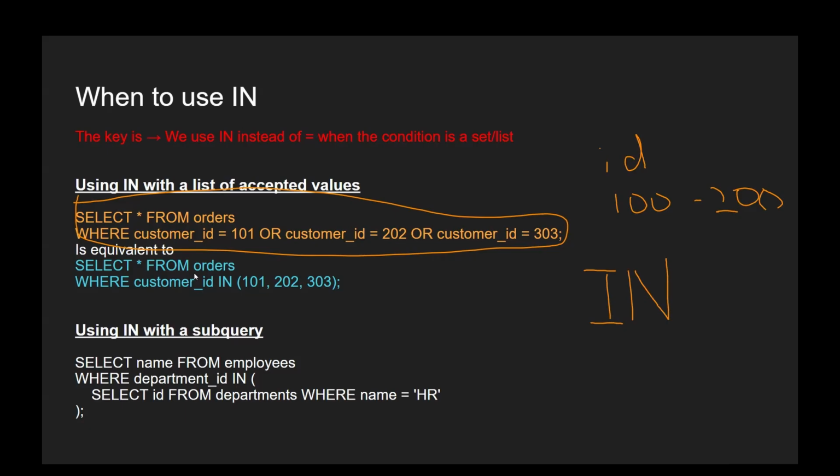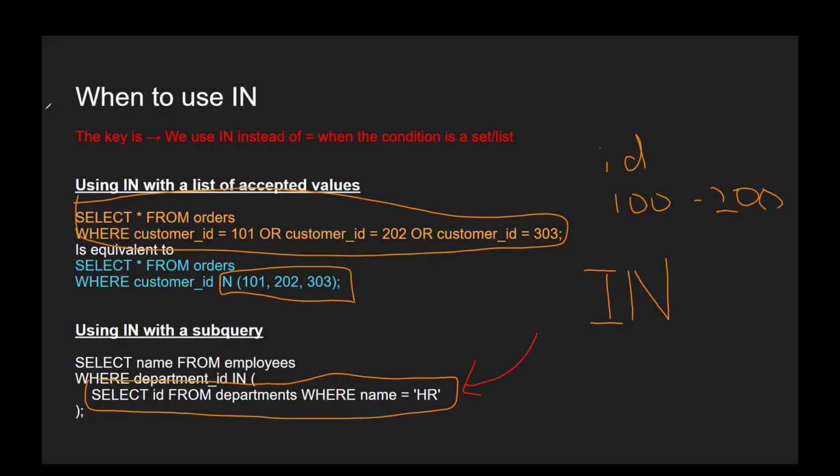One of the ways that we use it is as a set or a list. And the second way, which is more common, is we use it in a subquery, or we call it a nested query at the bottom here. Nested query or subquery is very common in 2102, so it's a very important concept for you guys to learn.